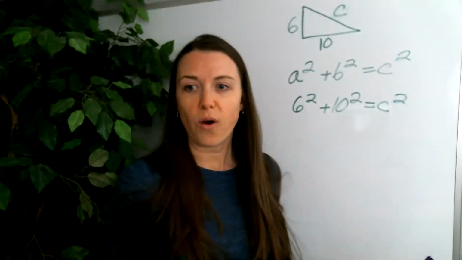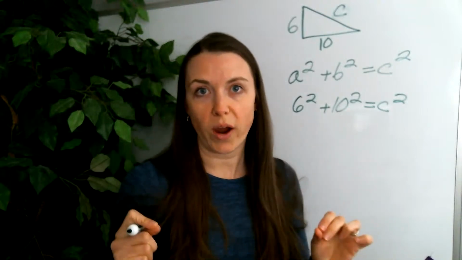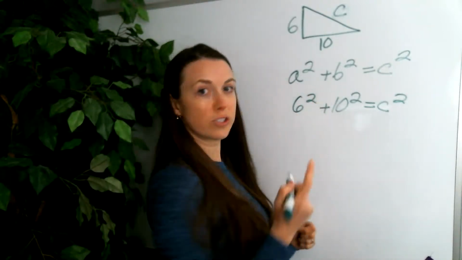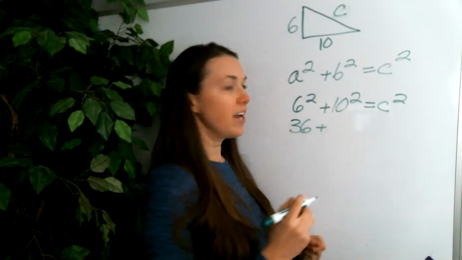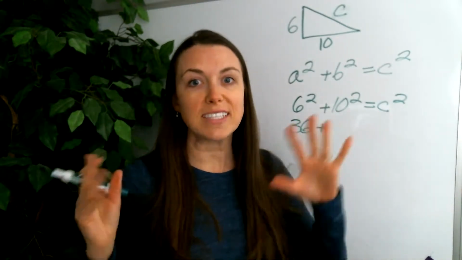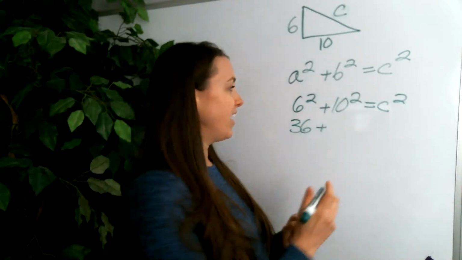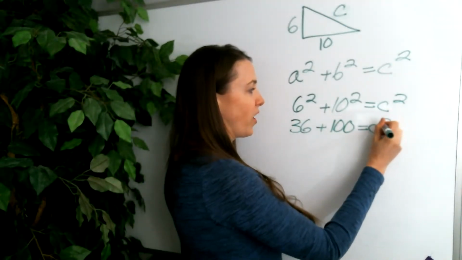All right, so 6 squared. Type in the chat, what is 6 squared? So 6 squared is just 6 times 6, right? So I have 36 plus 10 squared. What is 10 squared? Type it in the chat. 10 times 10 is 100 equals C squared.